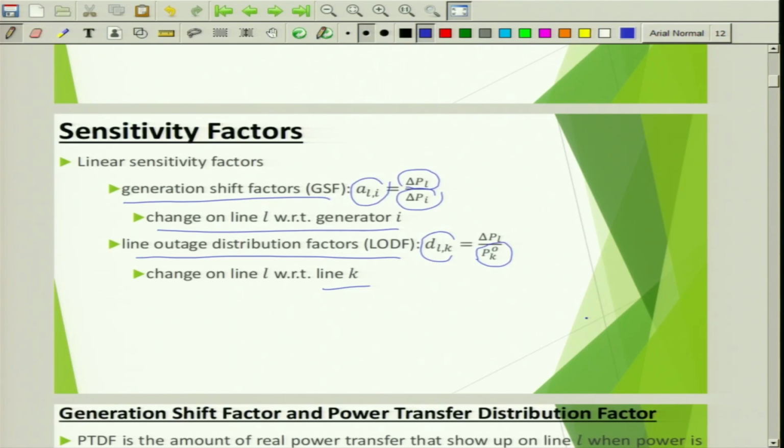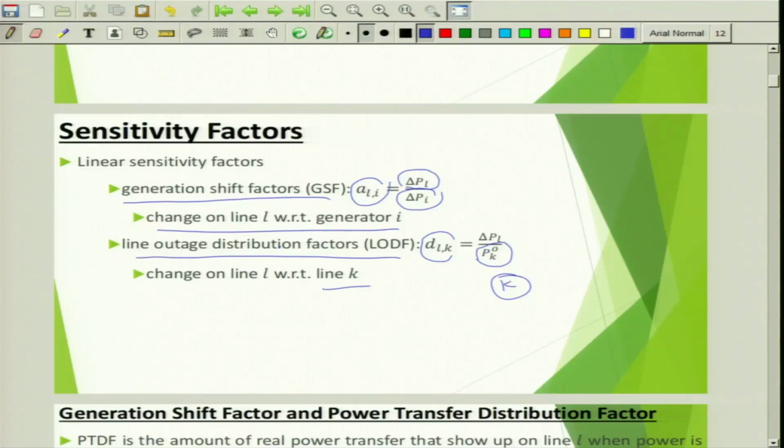Now the line outage is happening, let us say the name of that line is K, and this Pk naught represents the power flow in that line before the outage. Now due to some reason, a fault or whatever, the circuit breaker is opening and the line is taken out, and how it disturbs the line flow of other lines.